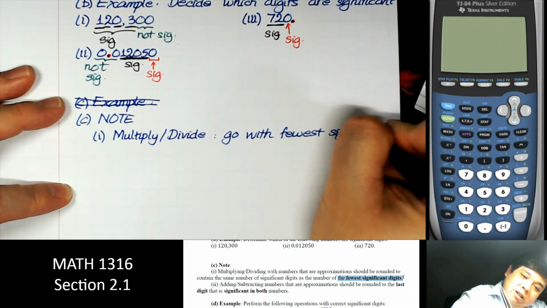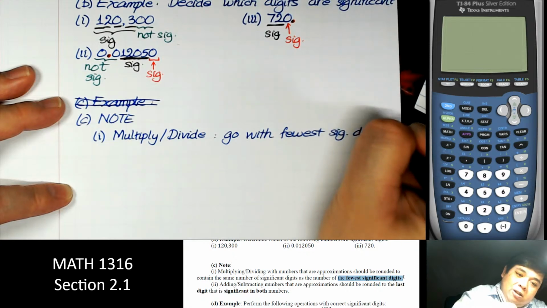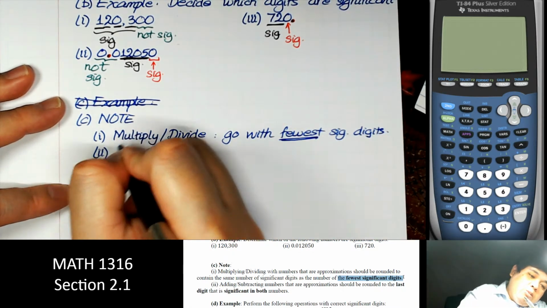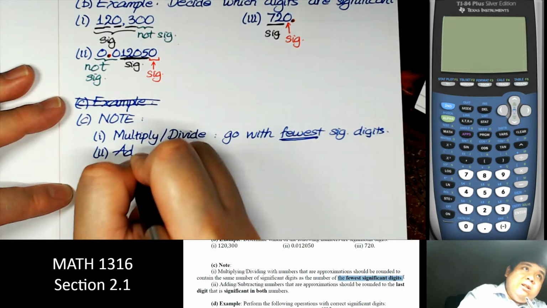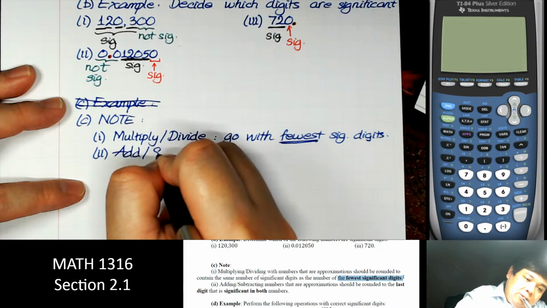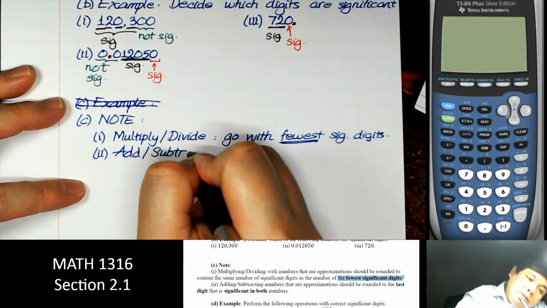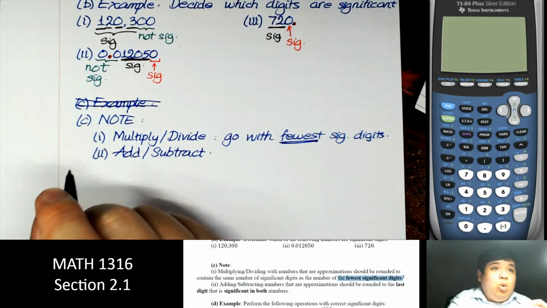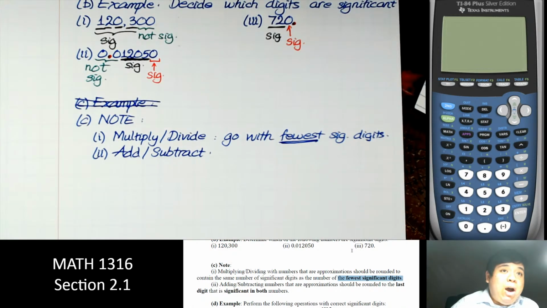And then when we add or subtract, the rule says the result will be rounded to the last digit that is significant to both.